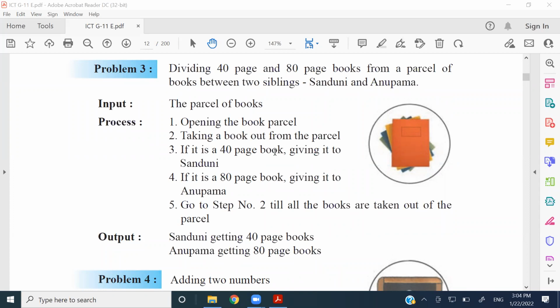Likewise, until the book bundle ends, you have to do this particular path iteratively, as well as when you are choosing whether it is 80 or not, or 40 or not, that defines that you have a selection to do.